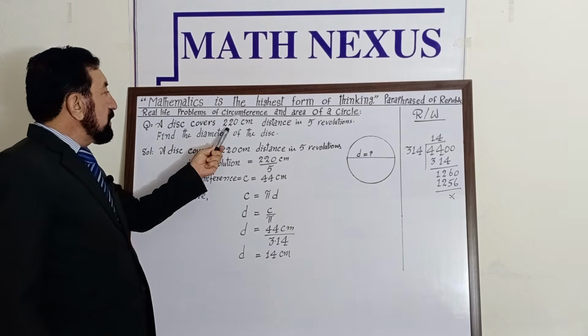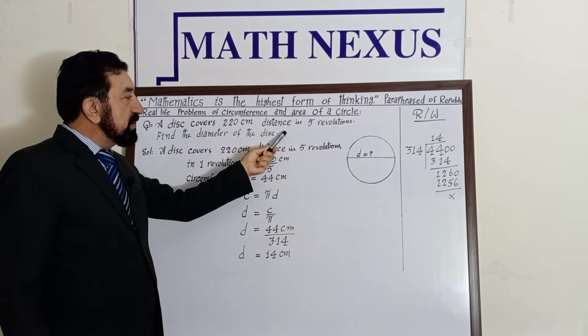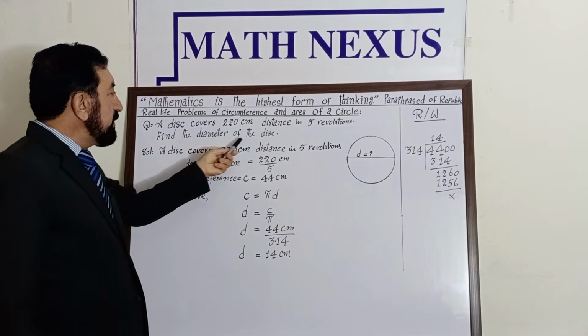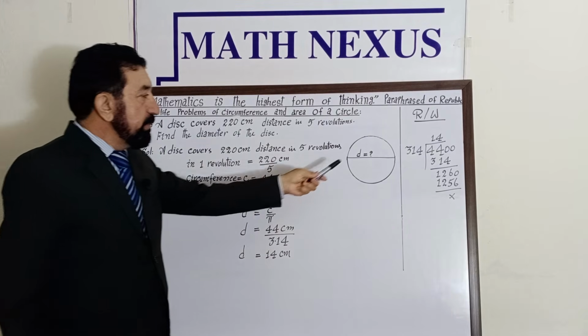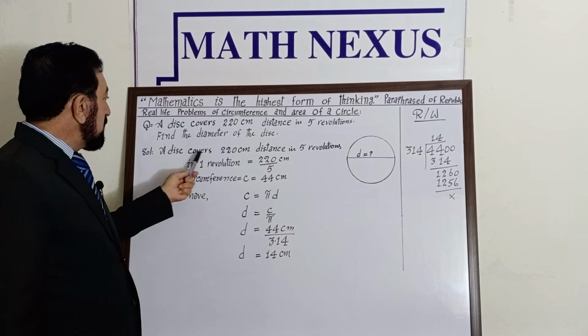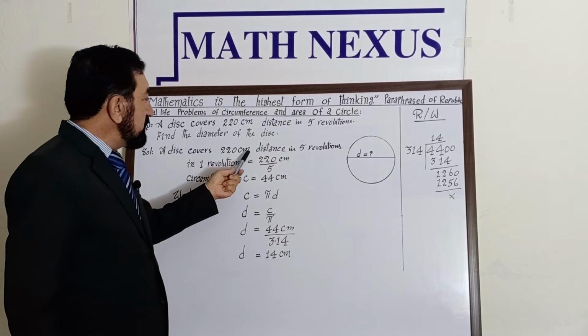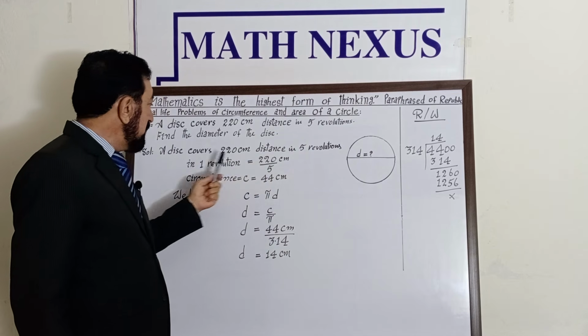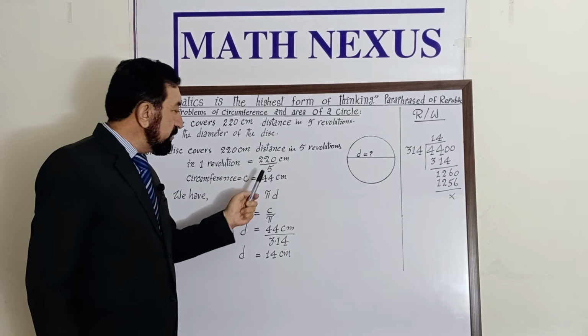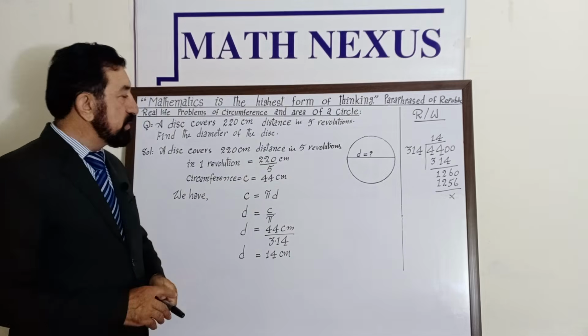A disc covered 220 centimeter distance in 5 revolutions. Find the diameter of the disc. Diameter of the disc is unknown. A disc covers 220 centimeter distance in 5 revolutions. In 1 revolution, 220 upon 5 centimeter, this is equal to 44 centimeter.